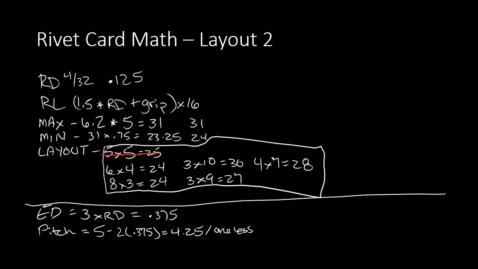So whatever your biggest number is, 1 less than that is what you're dividing by. And then gauge. 1.63 minus 2 times 0.375 equals some number. And again, divide by 1 less. So if it was 3, you're going to divide by 2.